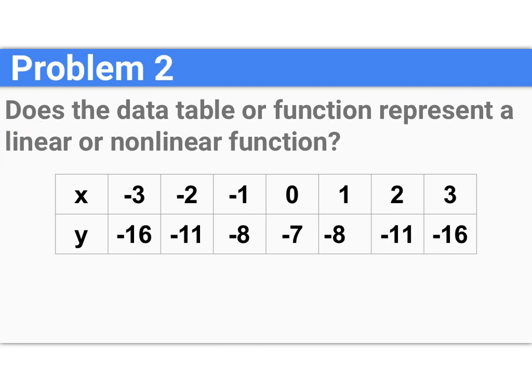All right, let's look at our next problem. Okay, so what do we have here? We have 1, 1, 1, 1, 1 on x. On y, we have 5, we have 3, we have 1, we have -1, -3, and -5.